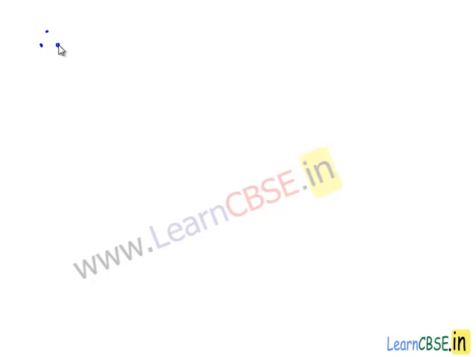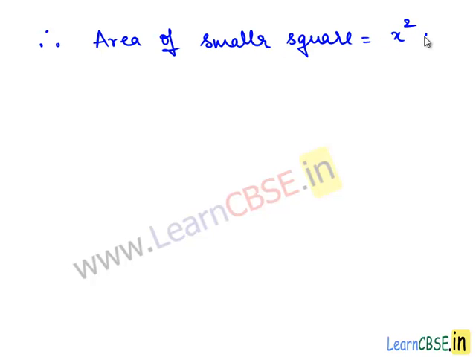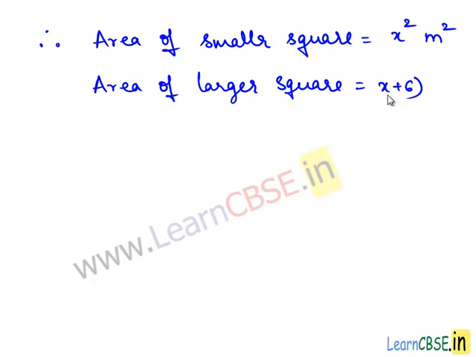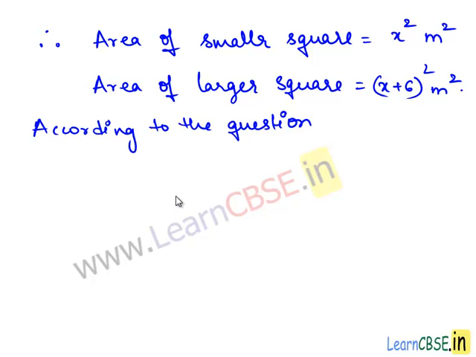So therefore, area of the smaller square is equal to x square meter square, and area of larger square is equal to x plus 6 whole square meter square. But according to the question, sum of areas of two squares is 468 meters square.